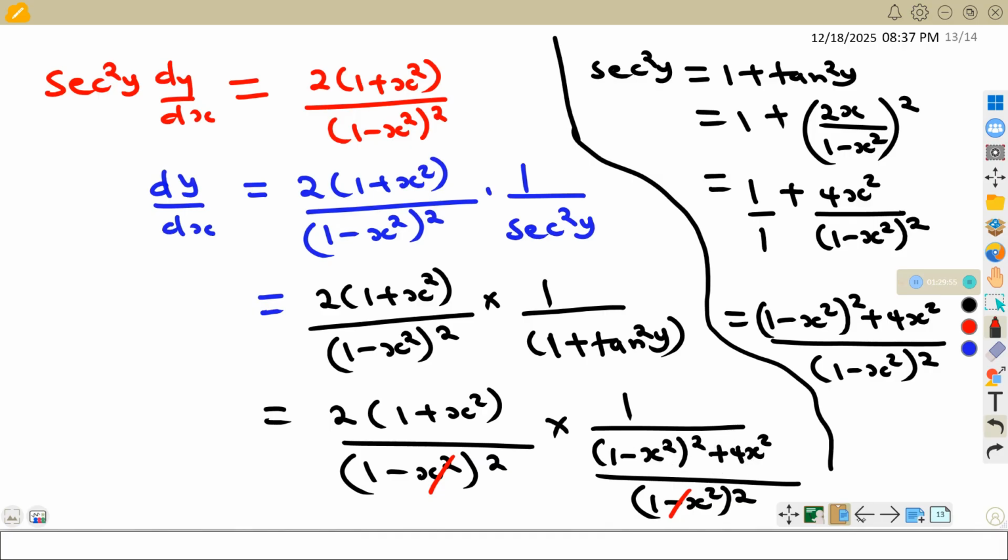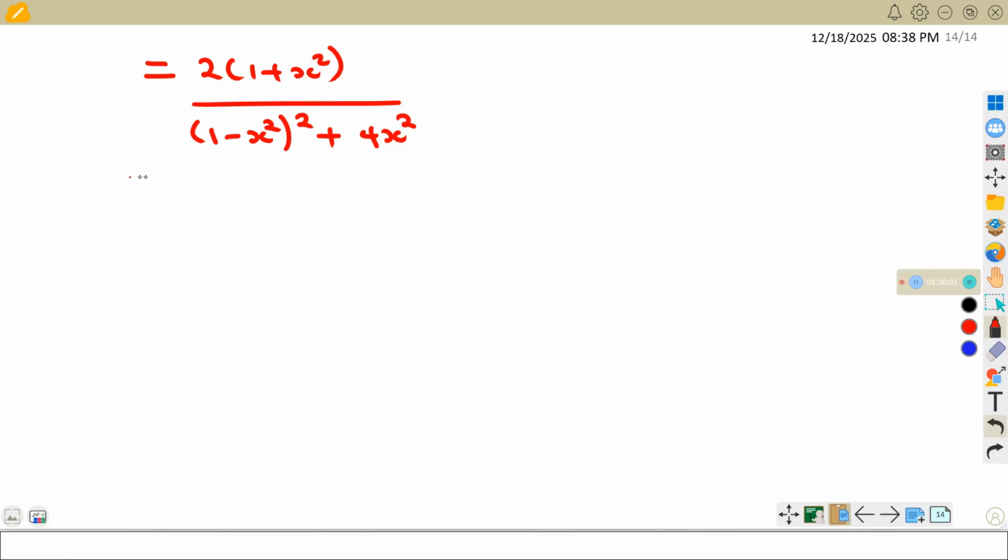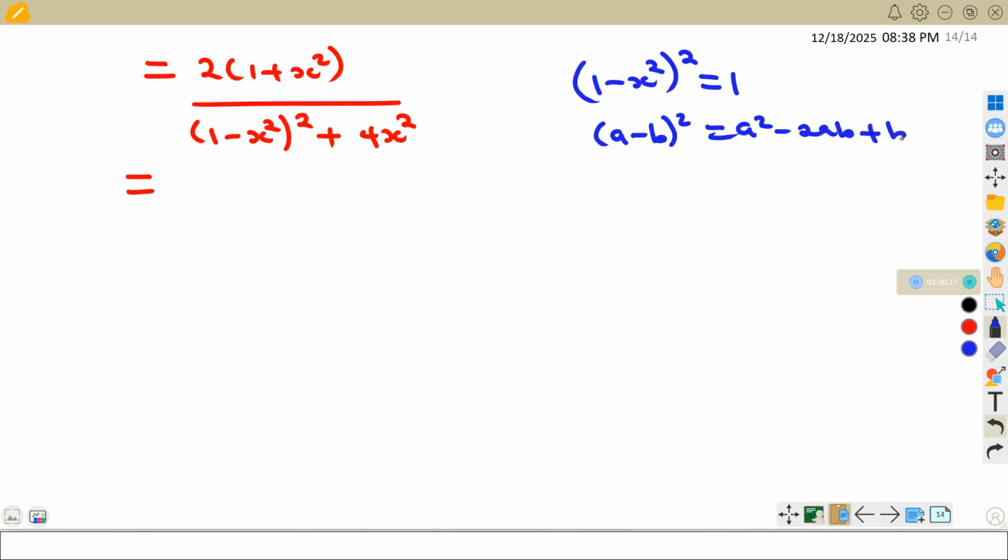Okay, so let us try to simplify this expression and see what we shall get. So we have this one, 1 minus x squared again squared can be simplified as this is 1. So 1 times 1 squared, I hope you know how to expand a minus b squared. This is same as a squared minus 2ab plus b squared.